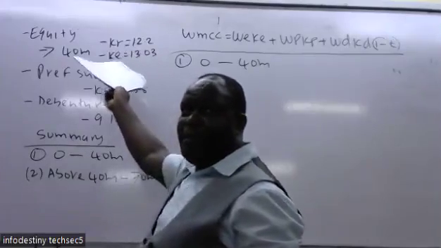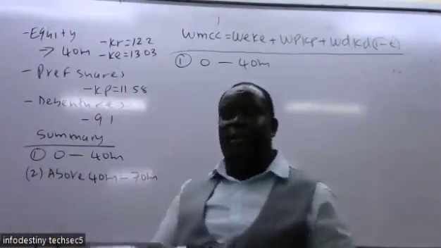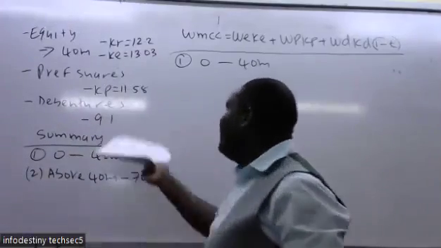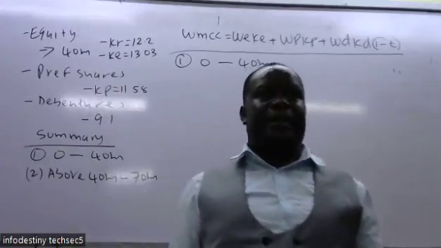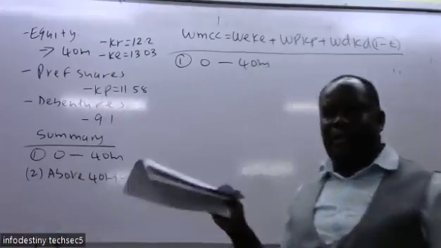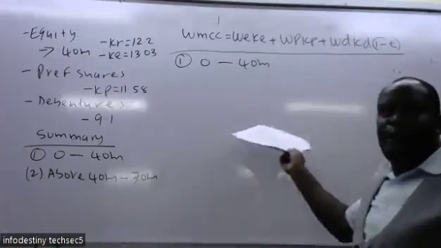Because we have two of them, 0 to 40, you only use retained earnings. Above 40, we're going to change to the ordinary shares. So we make it in that arrangement. So we are on 0 to 40.